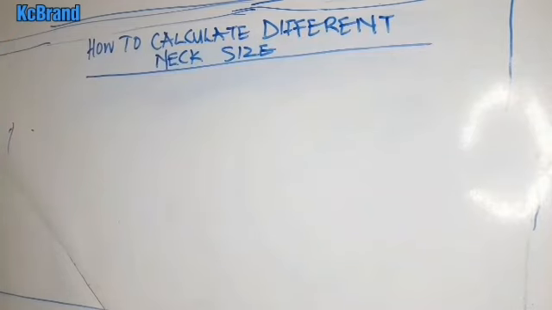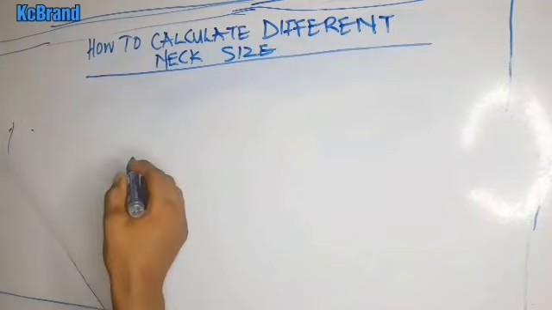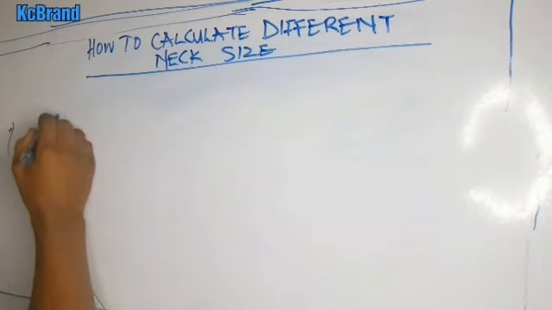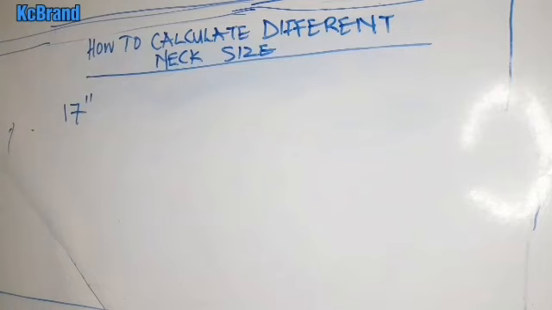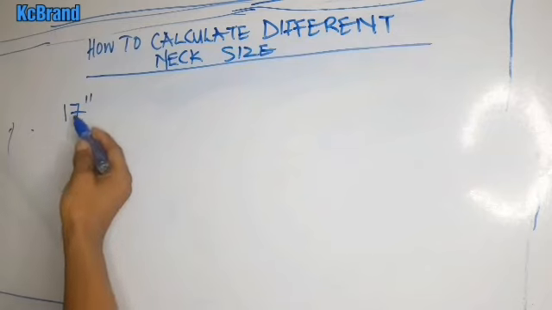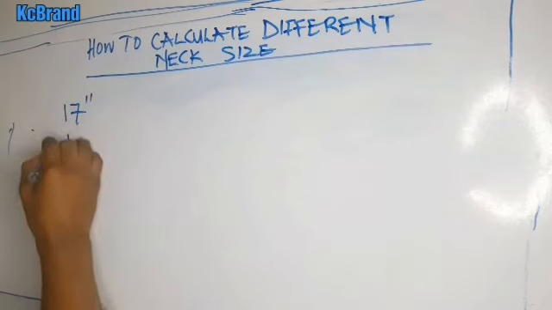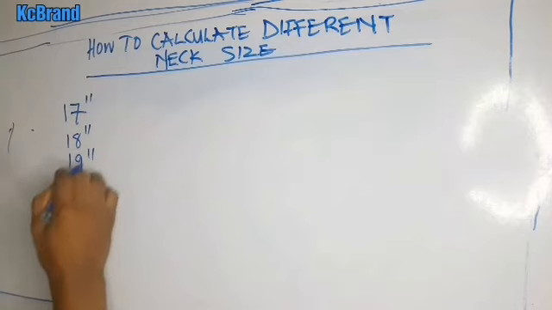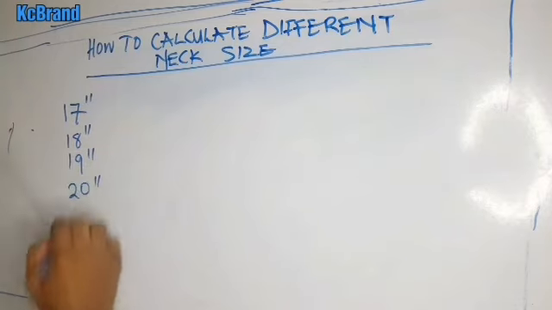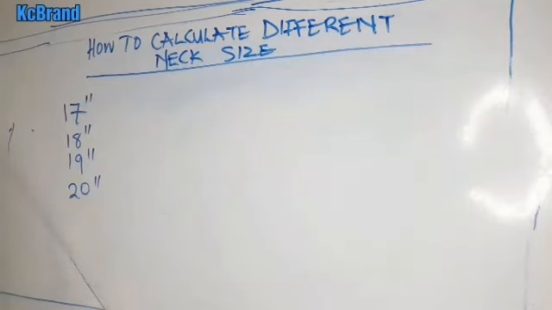When you measure a customer's neck, most times you will see a neck that will be around, let's say, 17 inches. After tying your tape rule all around the customer's neck, you will see that some people will have 17 inches, some 18, some 19, some 20, and some people have a very thick neck, as in the neck is very wide.